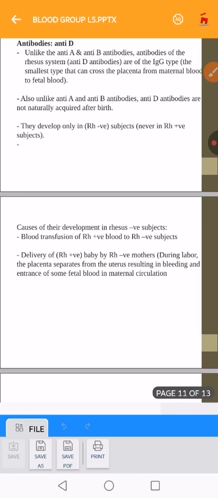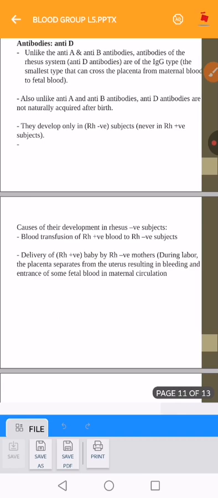Okay, positive contains antigen D on the surface of the RBCs, negative has no antigen D. There is no natural acquiring of antibody for that antigen D. Okay, someone produces antibody against D in two situations: in blood transfusion with rhesus positive blood and in delivery of a rhesus positive baby.